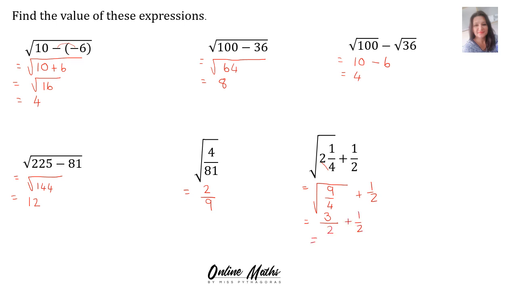So you have 3 over 2 plus 1 over 2 is 4 over 2, which is 2. And then the last one, the cube root of 0,008 is 0,2, because 0,2 times 0,2 times 0,2 is 0,008.